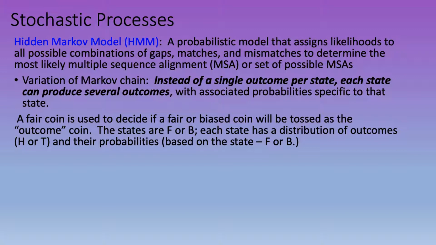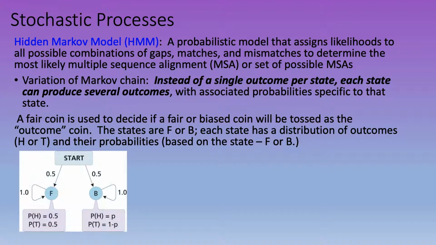So the hypothesis given the data, right? And if we think about how something like this might look, we might look at this case, right, where we have a fair coin, right, and a biased coin.